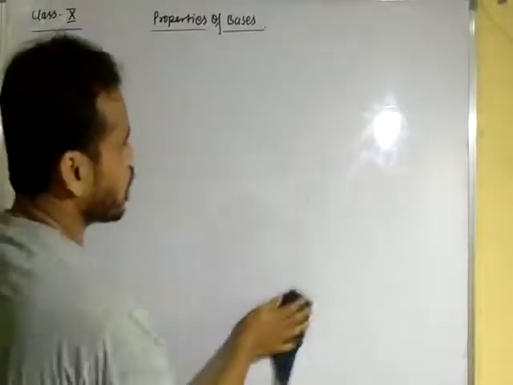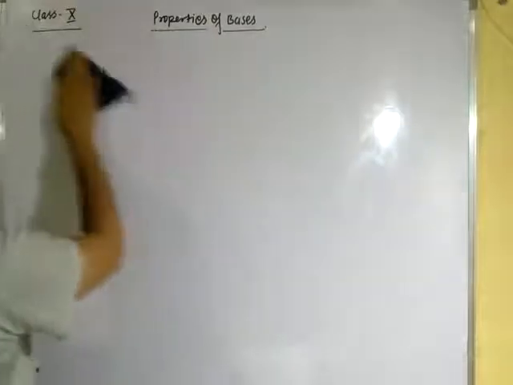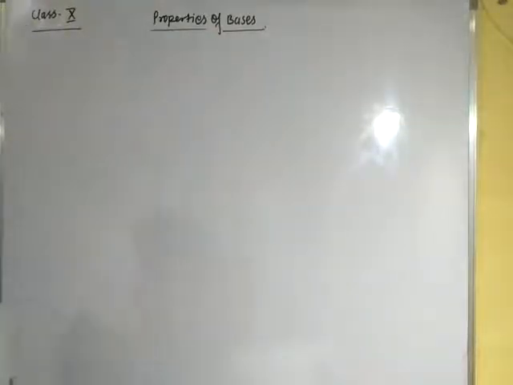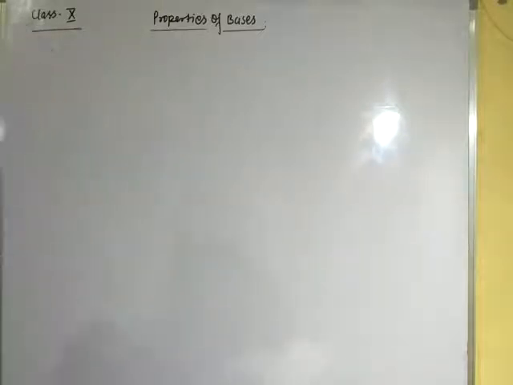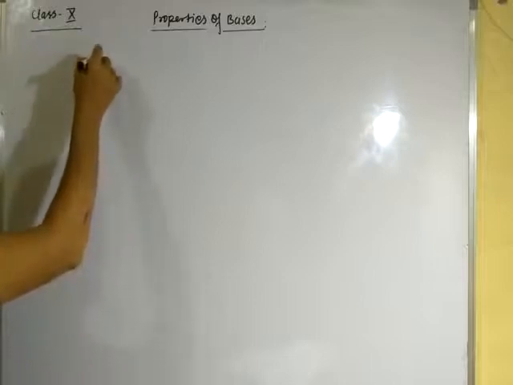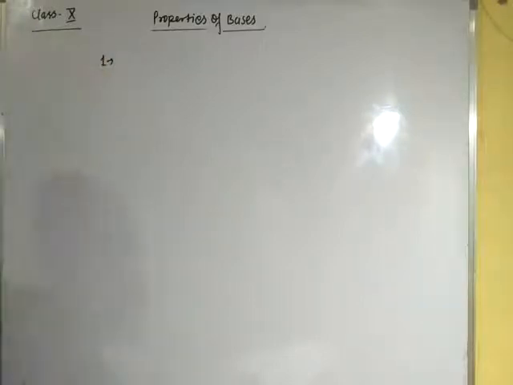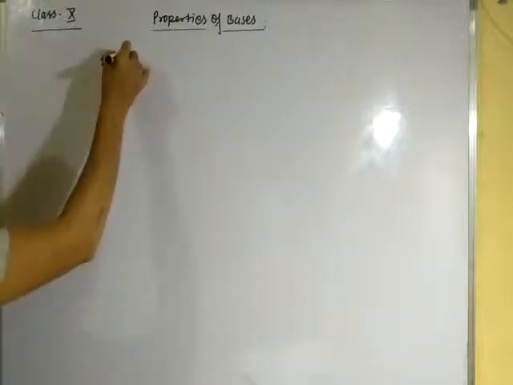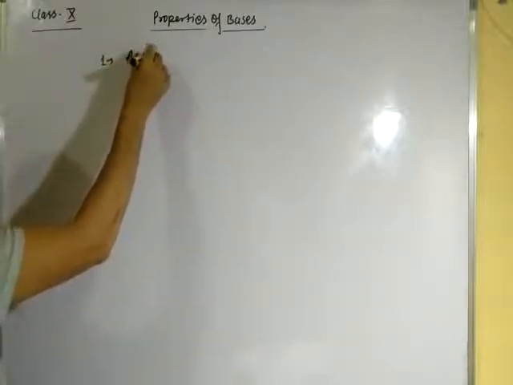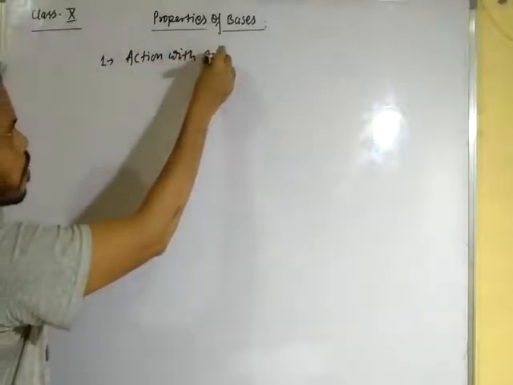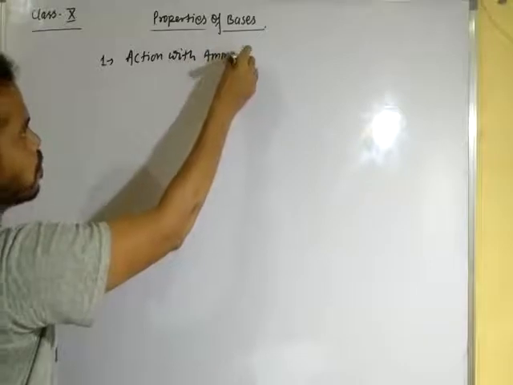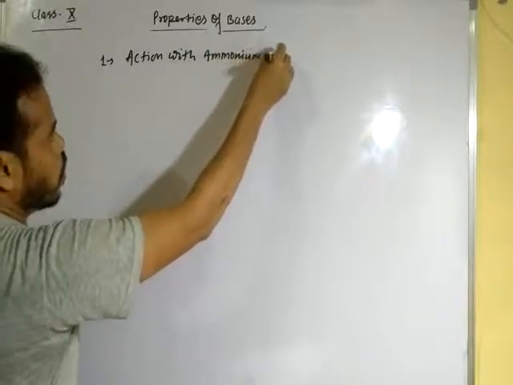Now we are going to discuss the chemical properties. In chemical properties we will discuss how a base reacts with another kind of chemical to form what. Now see here, first of all, the first point is action with ammonium salt.